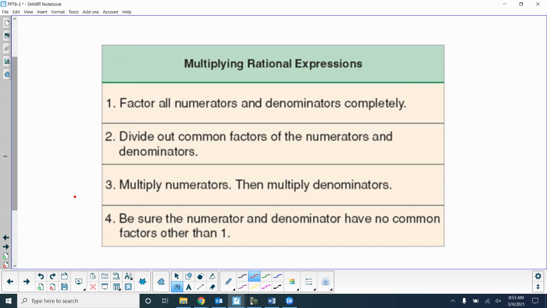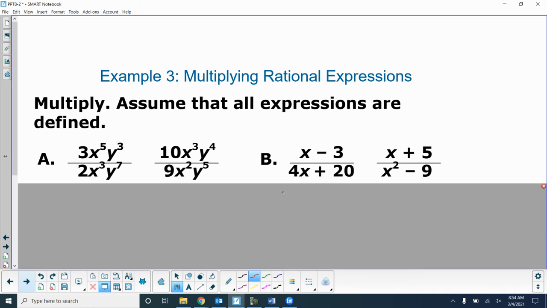Whenever you can factor, you factor. Divide out common factors. We just say cancel out, right? You see the same factor up top and on the bottom, you cancel it out, right? Multiply numerators, multiply denominators, and you're done. Because if you cancel everything out, you won't have any common factors other than 1. All right? So, do I need to do any factoring for this A problem?